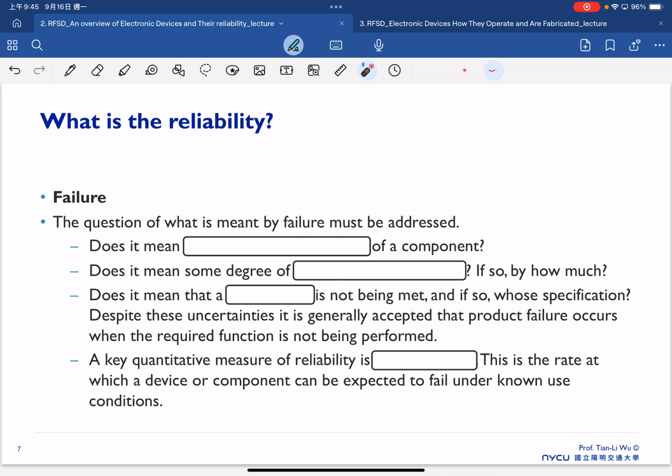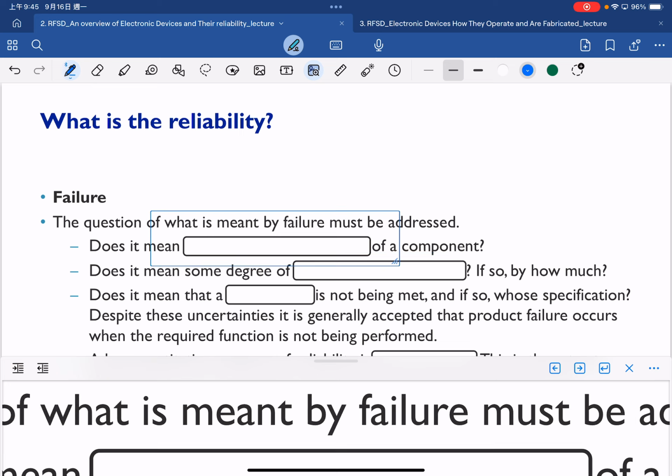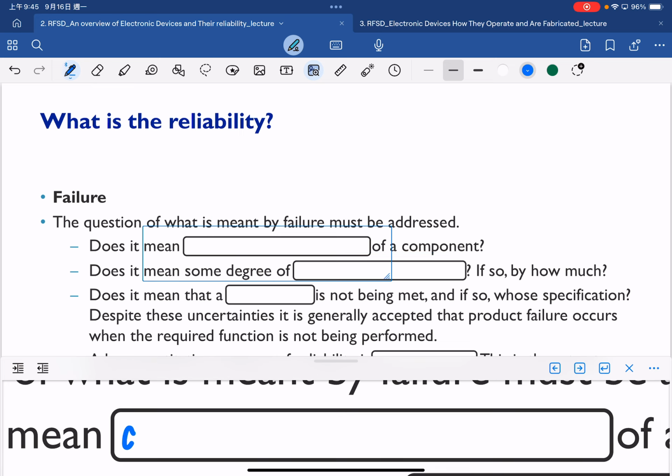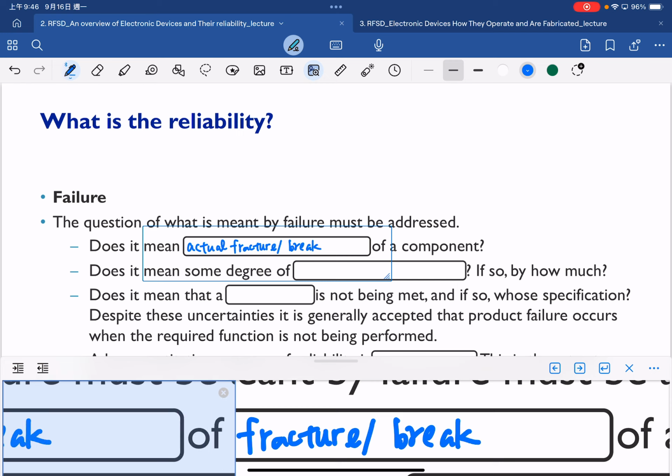So first one, does it mean the device has an actual fracture or actual breakdown? Actual fracture or actual breakage.